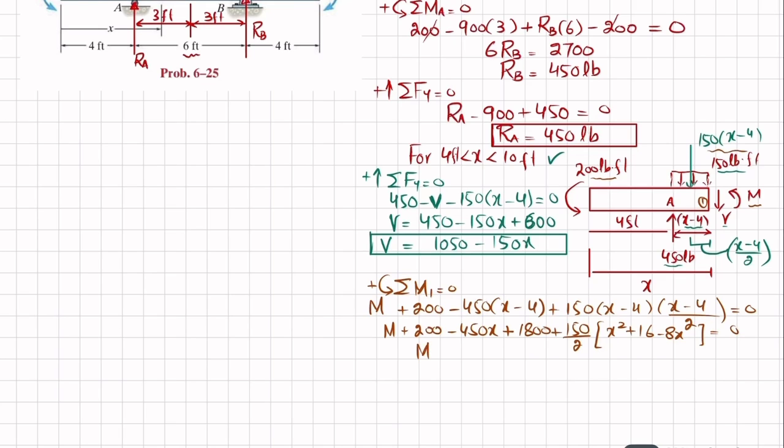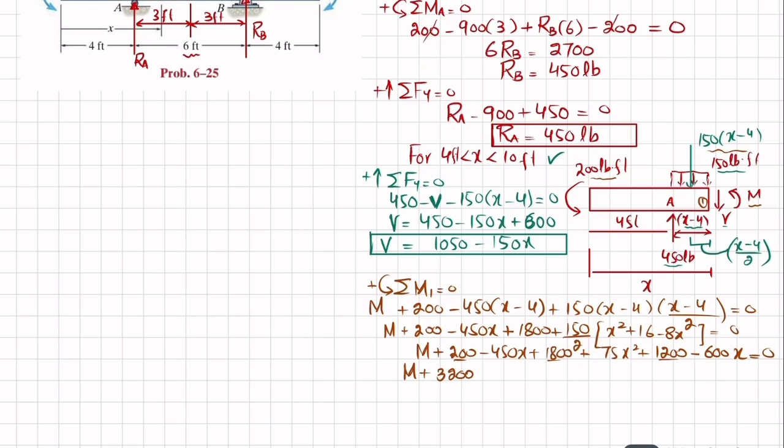So 150 divided by 2 is 75, so 75x square plus 75 into 16 is 1200, minus 75 into 8 is 600x, equal to 0. So M plus 200 plus 1800 plus 1200 is 3200.